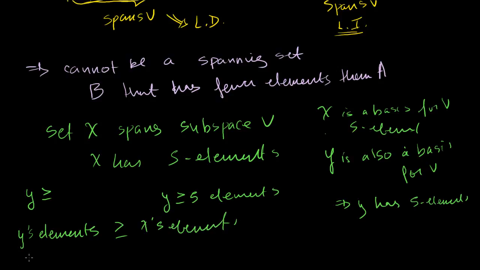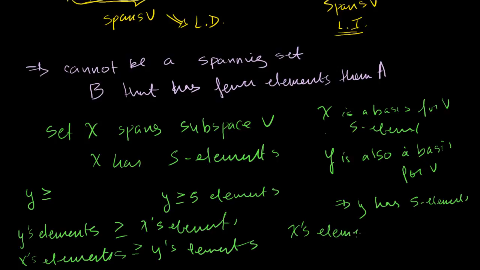And then since Y is a spanning set, X's elements have to be greater than or equal to Y's elements, because X is a basis. So the number of elements that X has, the cardinality, is equal to Y's elements.